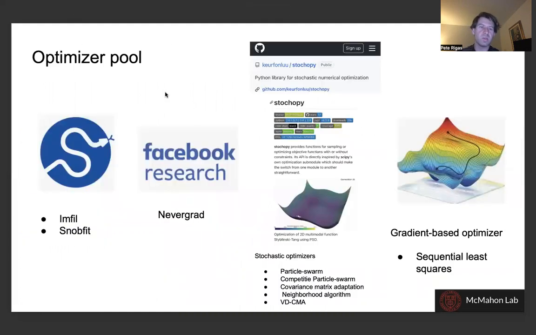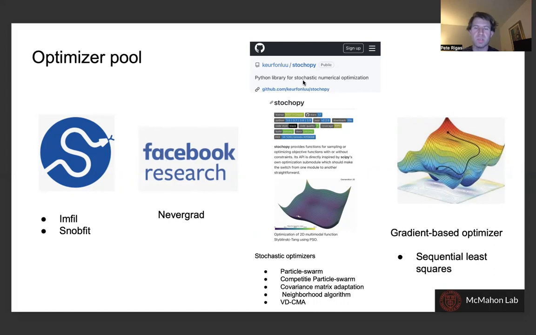And in addition to making use of Cirq, we also have to decide which optimizer we should use, in which we have the following optimizer pool. First, we make use of some optimizers from SciPy, namely Infill and SnobFit, in addition to the Nevergrad optimizer that's an open source provided by Facebook.